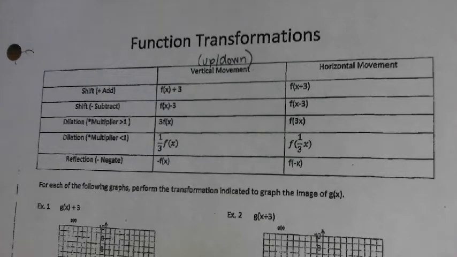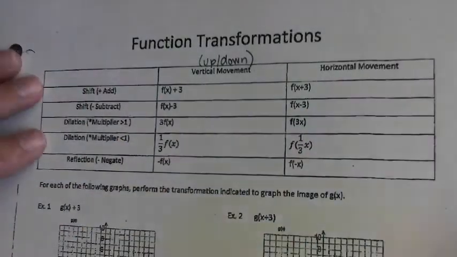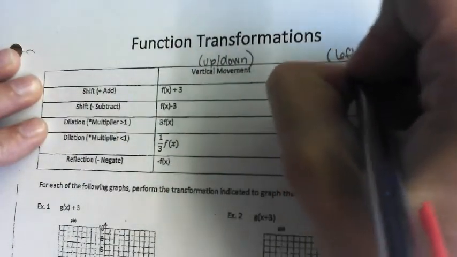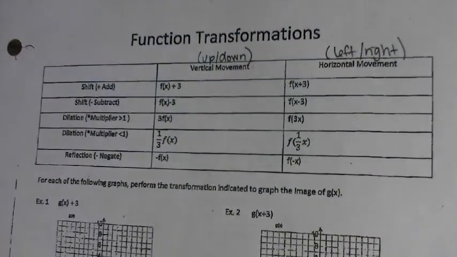So I want to make that clear. Vertical is movement up and down. So for a shift, and those are the first two, that's just literally moving a graph 3 units up or 7 units down. And then horizontal movement is left, right. So shifting again to the left or to the right.